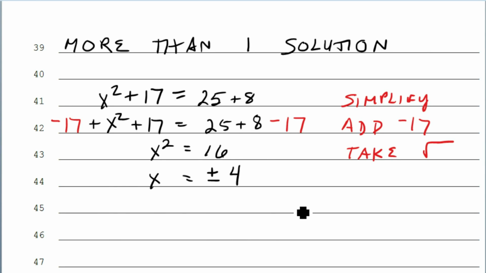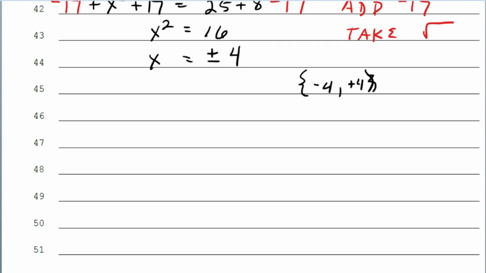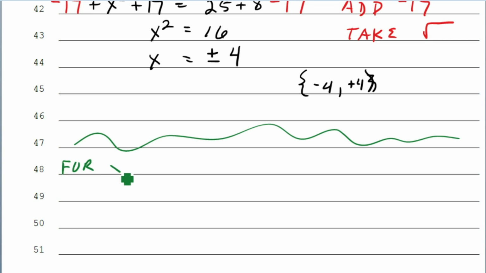So here you have two solutions. We say the solution set is minus 4 and plus 4. And of course we have to check our work by using the original equation, but now we have two solutions to verify. So first of all, x equals minus 4.